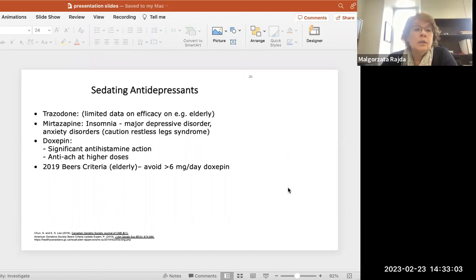At higher doses, we see more of anticholinergic effect in doxepin, but also with the other medications. But again, the data is limited, and the evidence is weak for all those agents.